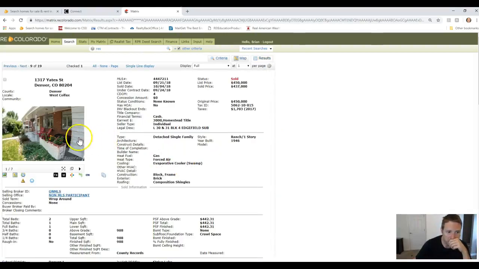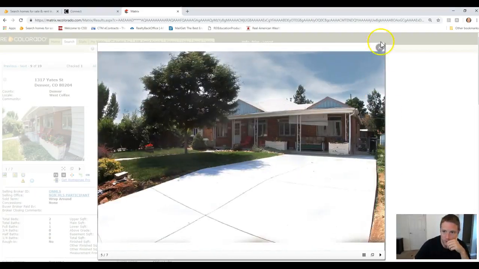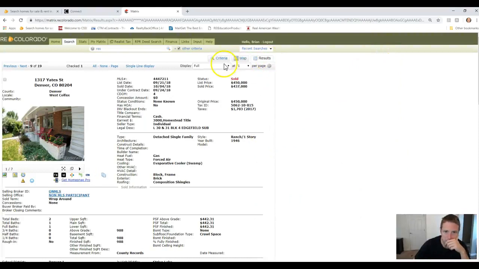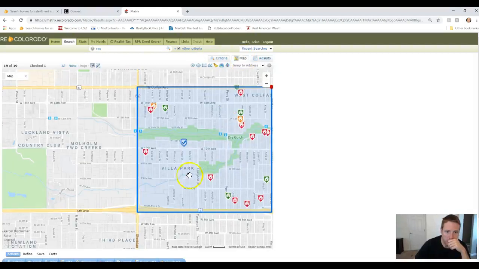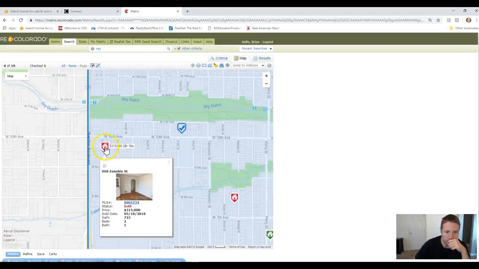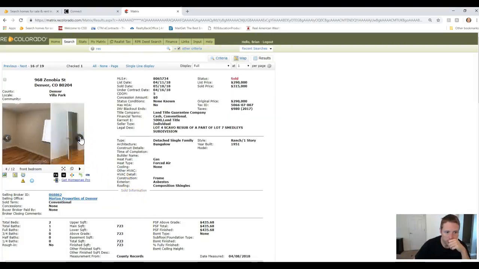Okay, so let's take a look at a few properties in that area. So this one's pretty tough to comp. There's just not a lot of solds that are close by.